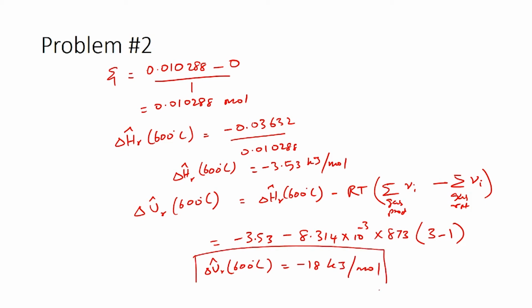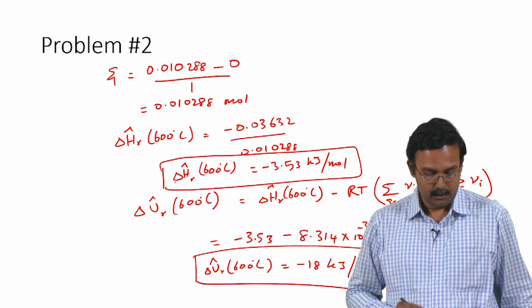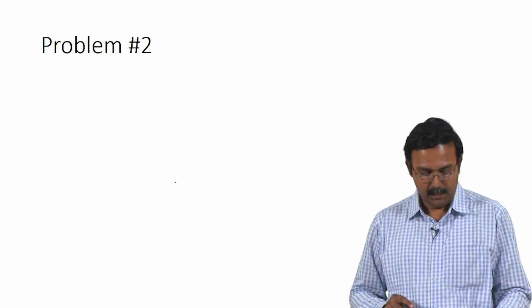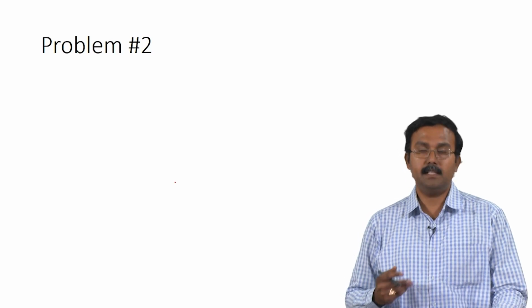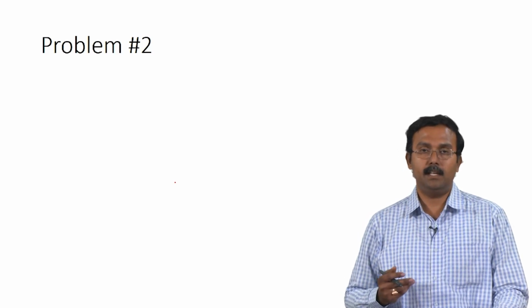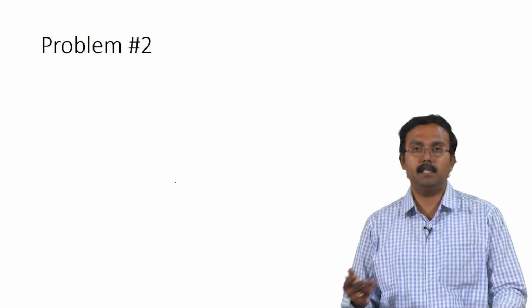So, you have calculated delta HR and delta UR for the 600 degrees Celsius condition. The next step is to identify the standard heat of reaction. How would we find the standard heat of reaction? We can get it using the heats of formation for the compounds present in the reaction.